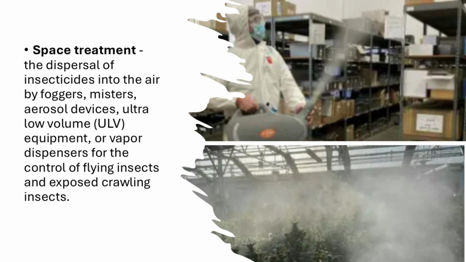Space treatment. The dispersal of insecticides into the air by foggers, misters, aerosol devices, ultra-low volume, also known as ULV, equipment, or vapor dispensers for the control of flying insects and exposed crawling insects.